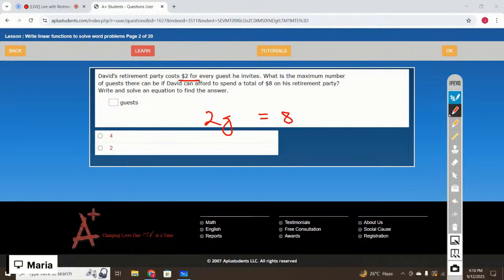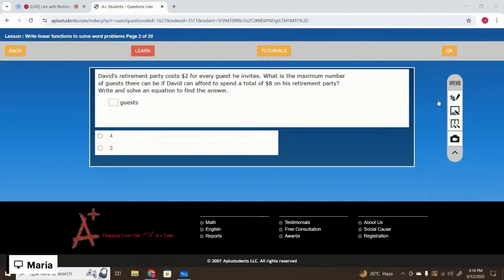So that would be 2G equals 8. That is G equals 4. Option number 1 is the correct option. 4 it is.